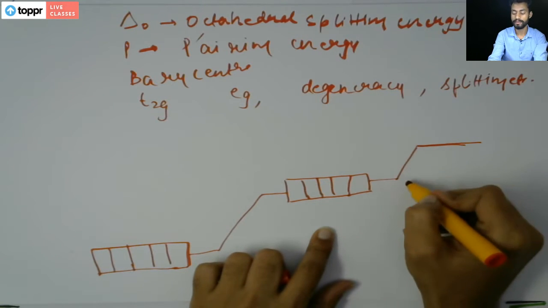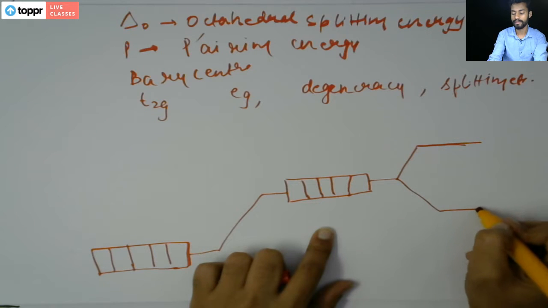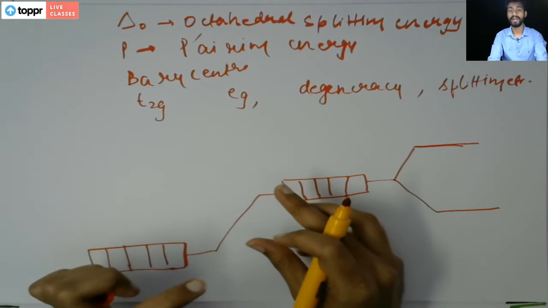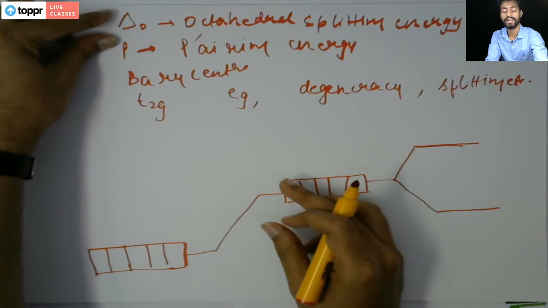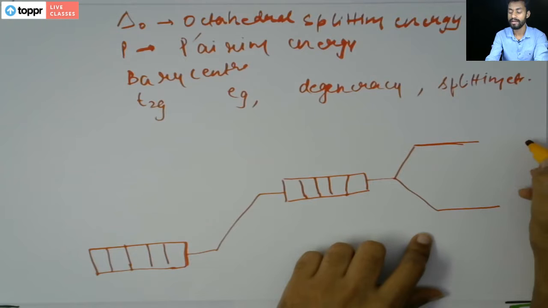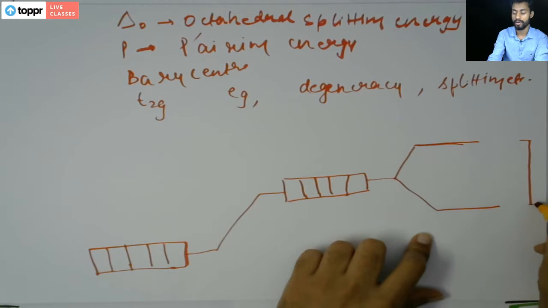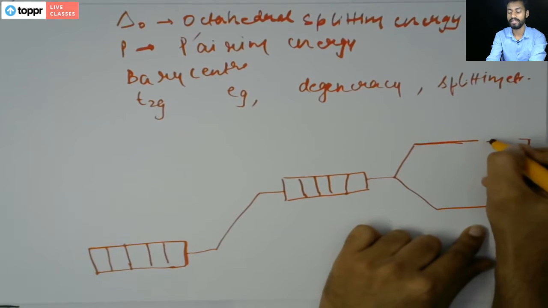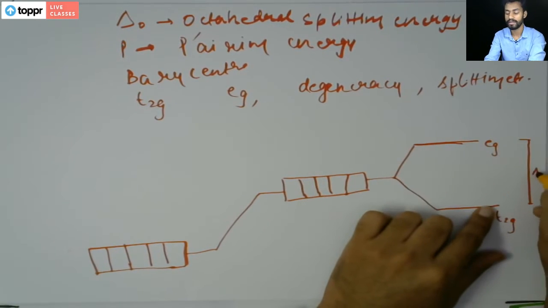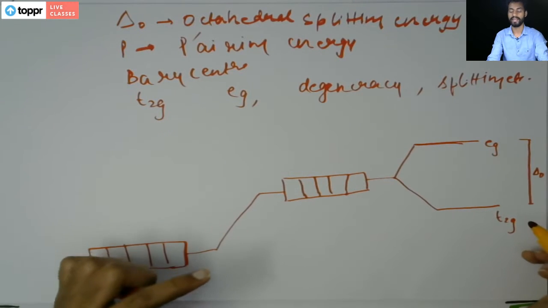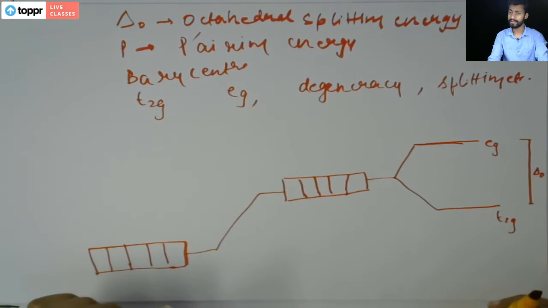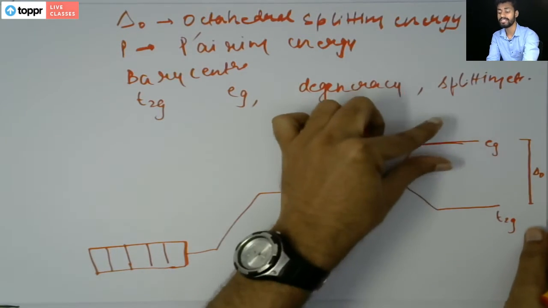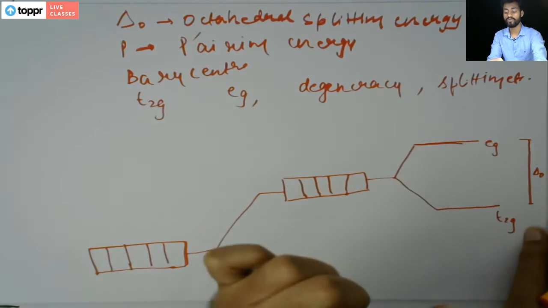into Eg and T2g. The energy required for splitting is called octahedral splitting energy, represented by delta O, or the energy difference between the newly formed T2g and the Eg orbitals is called delta O, octahedral splitting energy. But since the number of orbitals and the orientation is different, there will be different amounts of energy change.